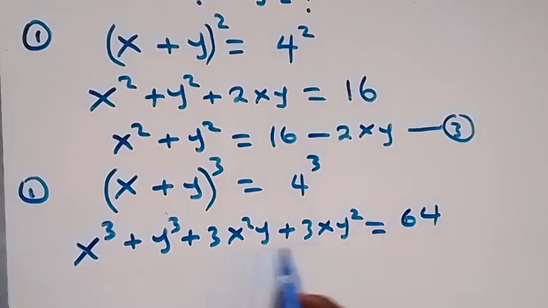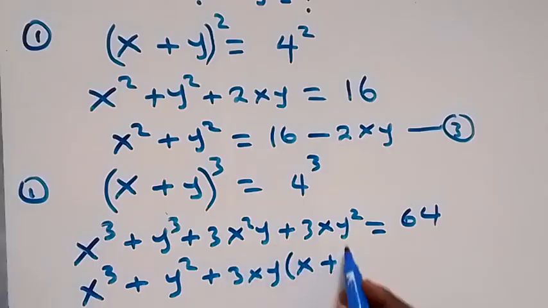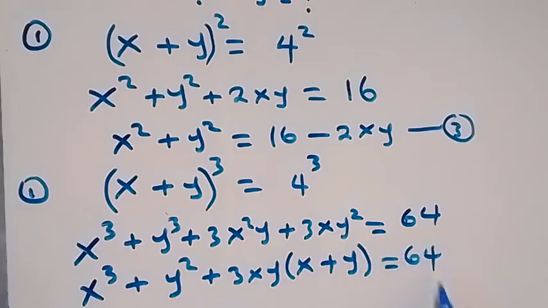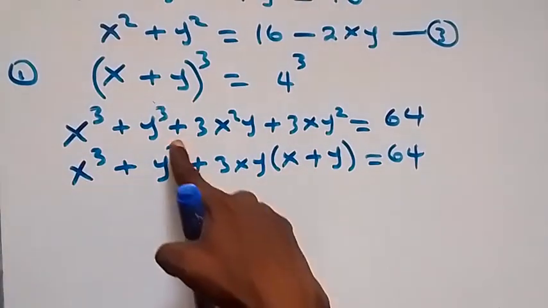Then from here we can factor 3xy out. We have x cube plus y cube plus 3xy, and what is left here is x plus y, which equals 64.